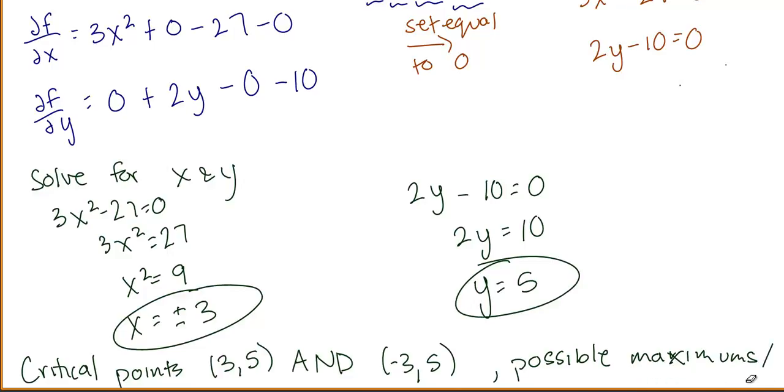Now I say possible because in this section we don't actually learn how to tell if it's a maximum or a minimum or either. It's a lot harder to tell with these three-dimensional surfaces. It's a complicated process, so for now we're just sticking to these are the places where it might be a max or min.